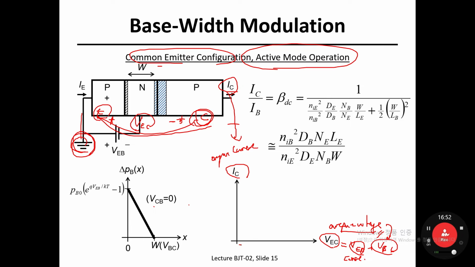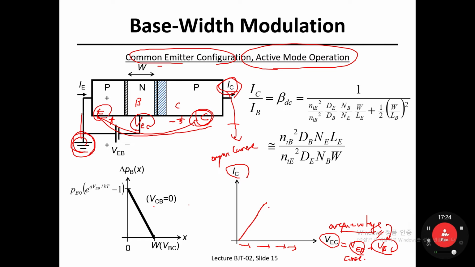So as VBC increases, what would happen? As the voltage difference between base and collector increases, what would happen to your collector current, I sub C? If this BJT is in saturation mode, which corresponds to the linear mode in a MOSFET, your output current would increase as your output voltage increases.